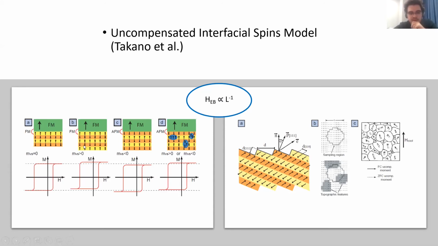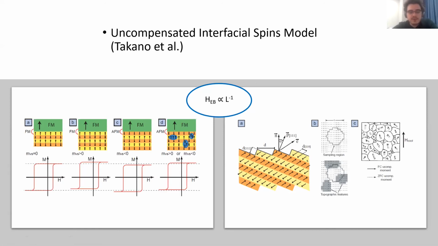But if we have an uncompensated AFM surface, depending on the interaction between the AFM and FM surfaces, we may have upward or downward shifts in our hysteresis loops.